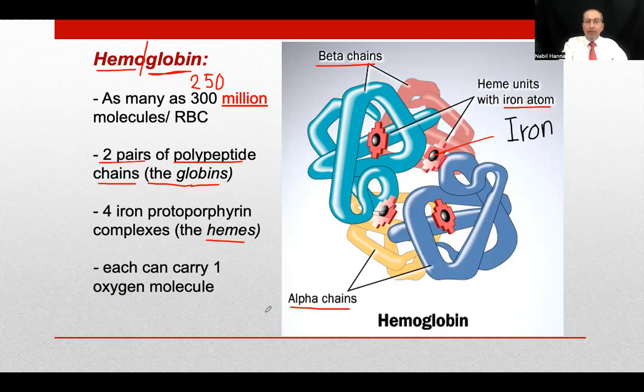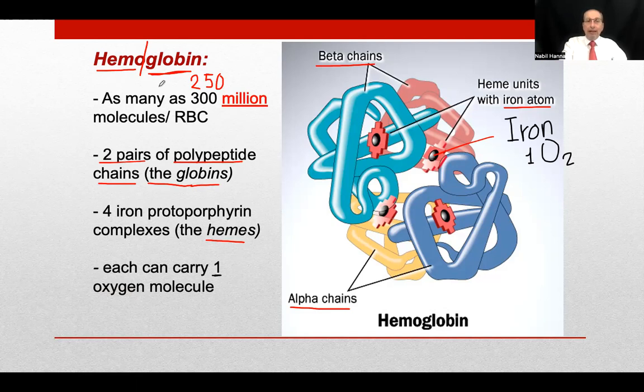Each iron atom can carry 1 oxygen molecule, which means the single hemoglobin molecule can carry 4 oxygen molecules.